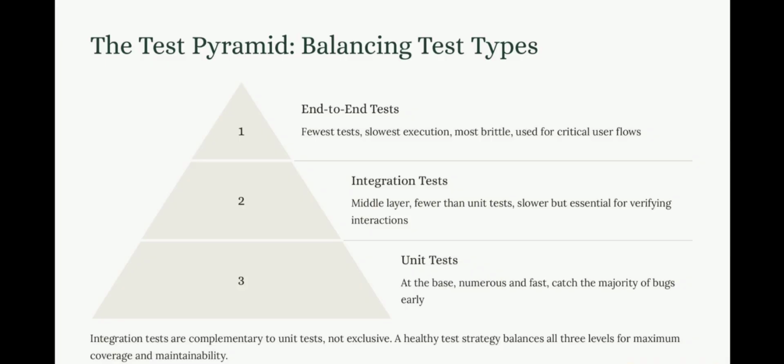At the top are end-to-end tests. These tests are the slowest and should be limited to critical scenarios. A good testing strategy uses all three levels together. Integration testing plays a key role in connecting unit tests with real-world system behavior.